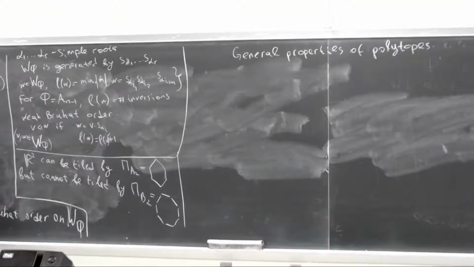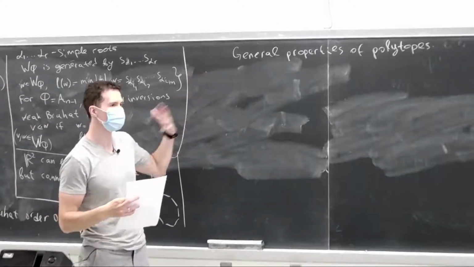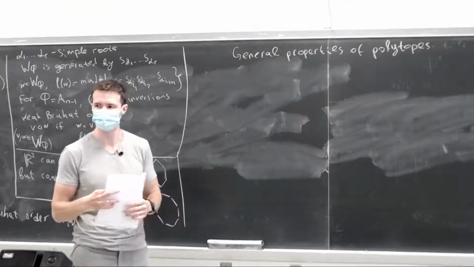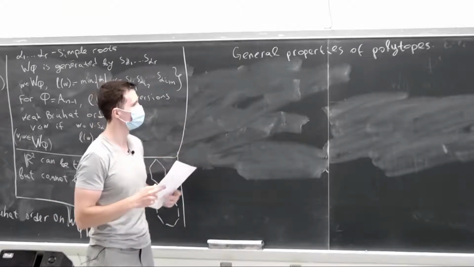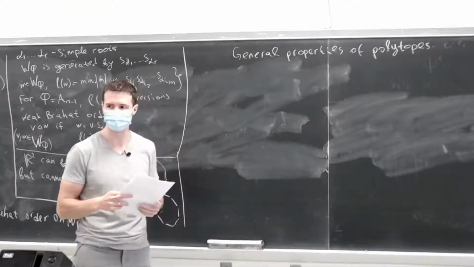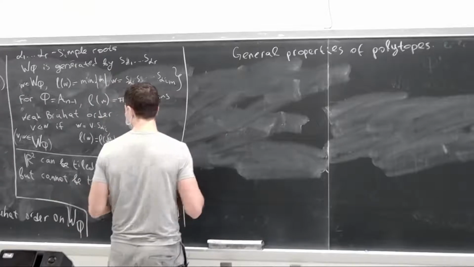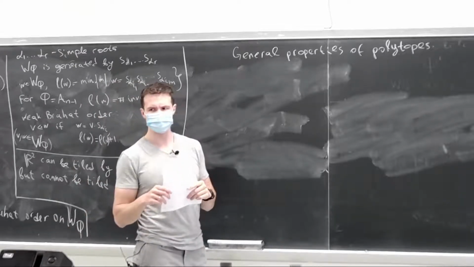And now I want to, because you can do more things with these special polytopes if you know some general story about arbitrary polytopes. So that's what I'm going to try to do, and these are very fundamental to all polytopes. I'm going to start by talking about the face lattice.